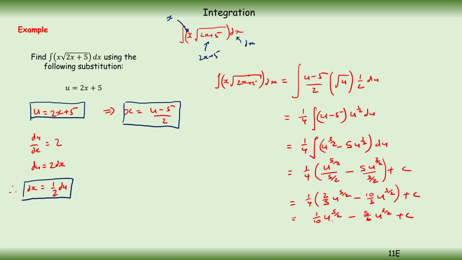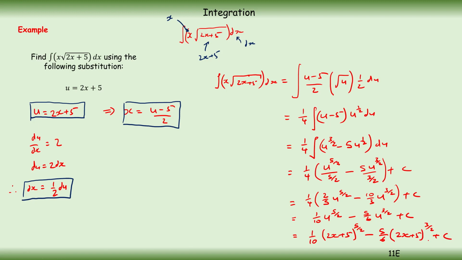And now I can sub back for u to finish off. That's going to be equal to a tenth of u is 2x plus 5 to the power of 5 over 2 minus 5 over 6 of u, which is 2x plus 5 to the power of 3 over 2 plus the constant.